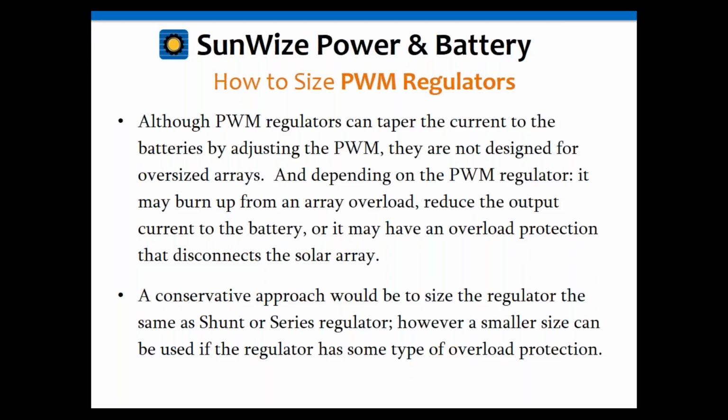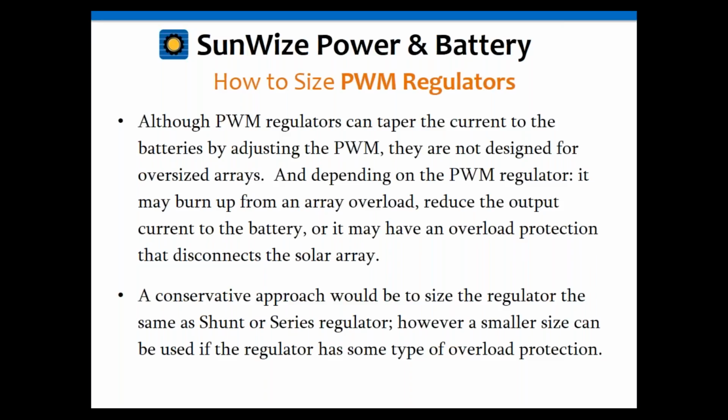Sometimes this is a mistake and people don't realize that. And depending upon the pulse width modulator regulator you have, several things can happen. This is true for any of these current-based regulators, actually. If you overload them, they could melt down. Literally, the transistors could burn up. Some of the newer pulse width modulated regulators will have a little bit of sophistication in them.